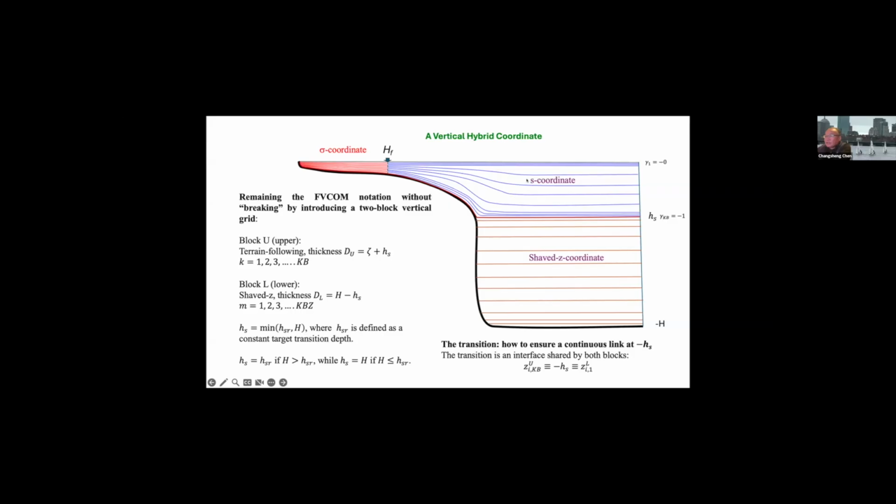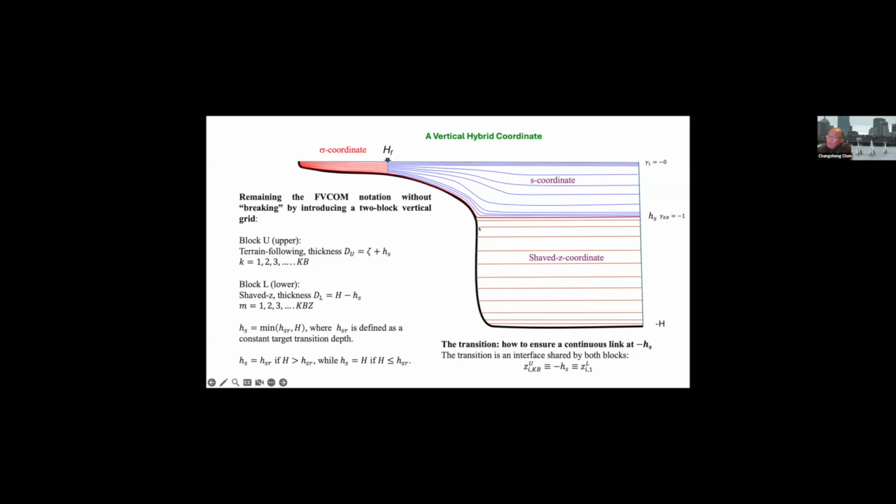You can still use the S coordinate and the sigma coordinate with the upper layer, but in the deep ocean we adopt a Z coordinate. So there are two coordinate systems here. This way, in steep bottom topography, you don't need to worry about the sigma coordinate. You can choose the coarse resolution and use a constant layer depth.